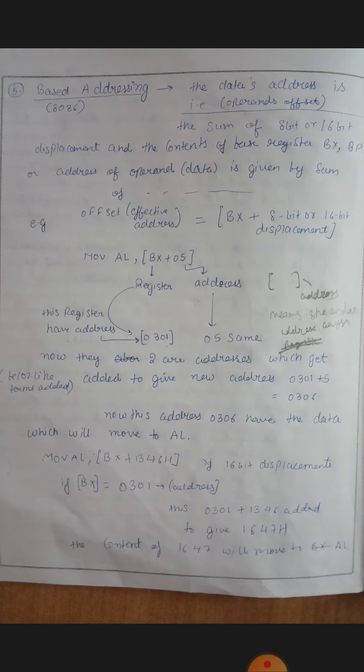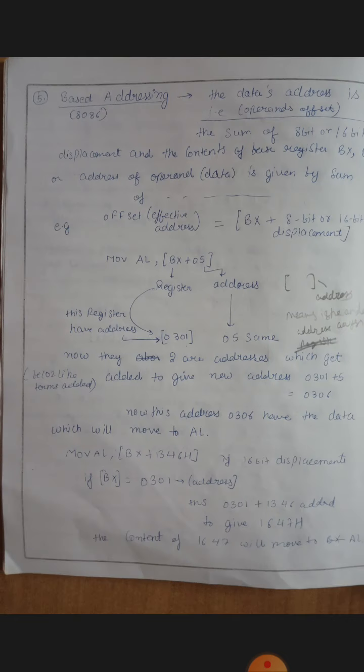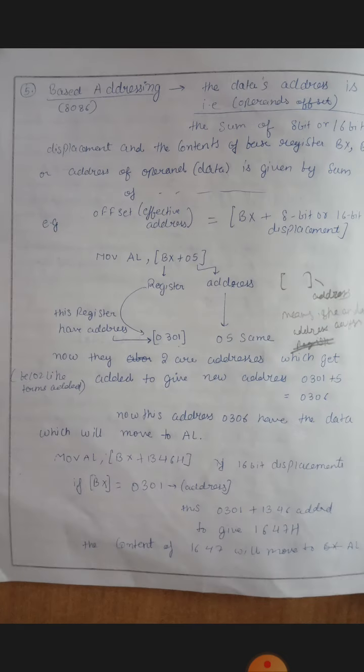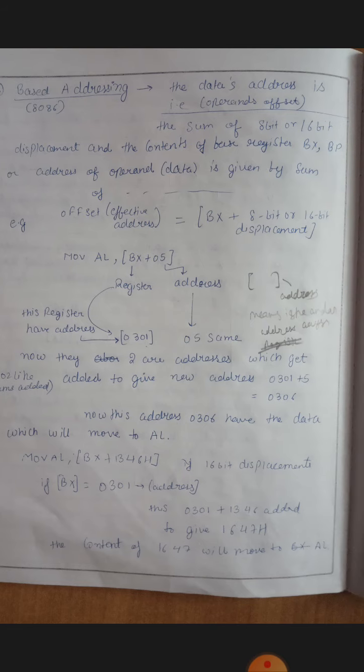The next addressing mode is base addressing. It is only present in 8086 and this kind of facility is not provided in 8085. In 8085 only 5 addressing modes are present, and in 8086 more than 5 are present. In base addressing, the operand offset is the sum of the 8-bit or 16-bit displacement and the content of the base register.